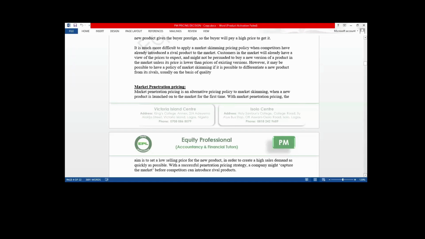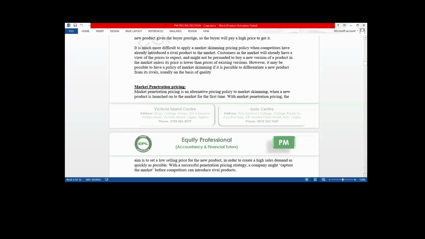The objective of market penetration is to obtain higher sales demand as quickly as possible. The company is able to obtain a larger share of the market.